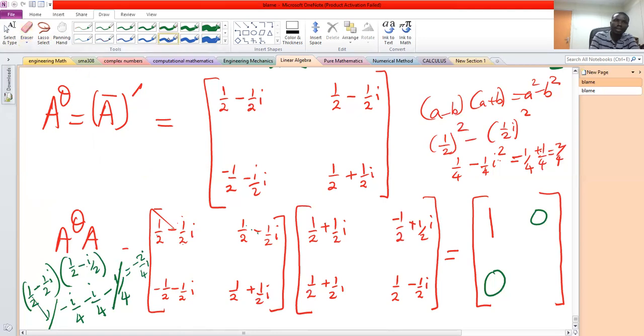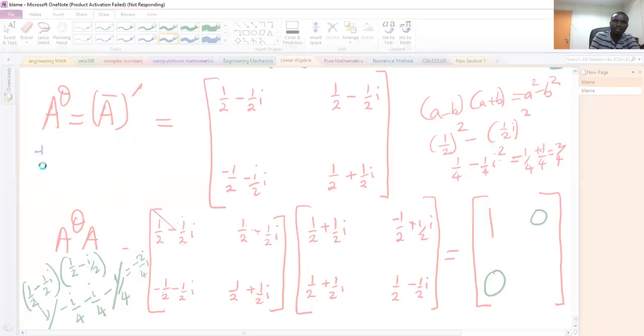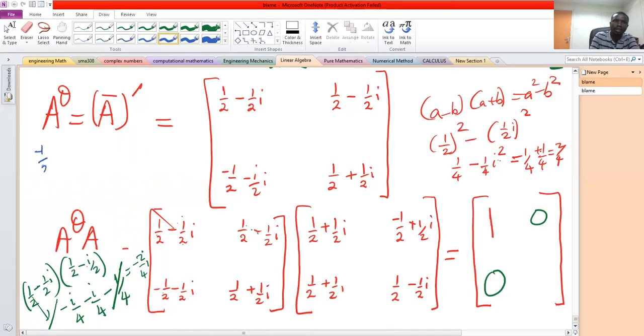What's assumed here is that you know how to deal with complex numbers. So I want now to get this times this. I'll have minus a half minus I over 2, this element here, times minus a half plus I over 2, this element here.